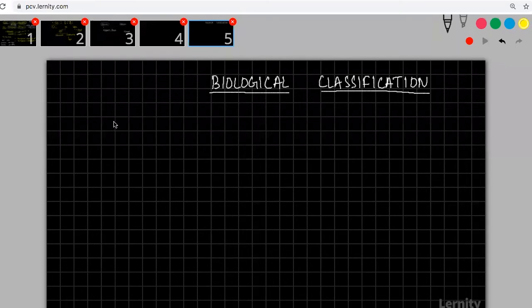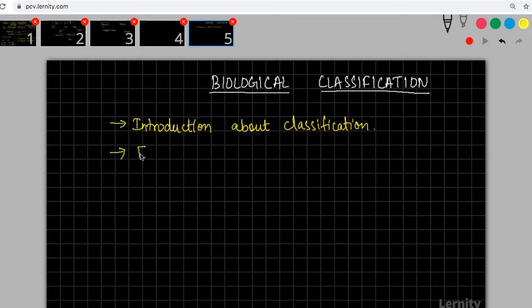In this chapter, first we will go for the introduction. Then we'll go for earlier attempts, which is where we'll try to cover the history of classification, how organisms are classified.